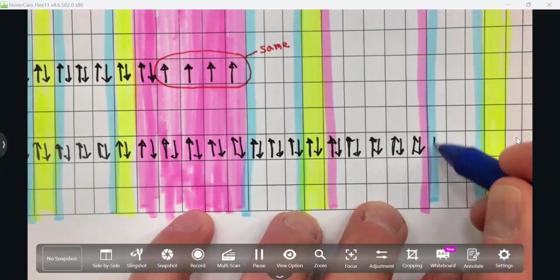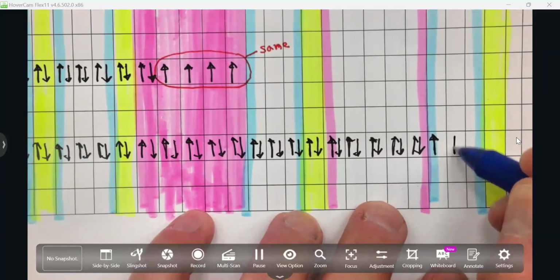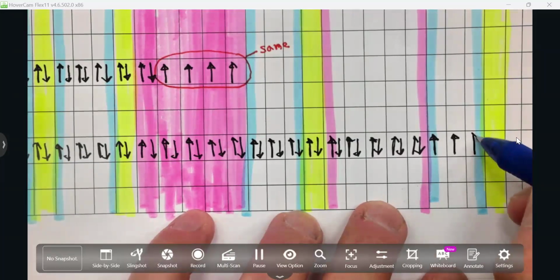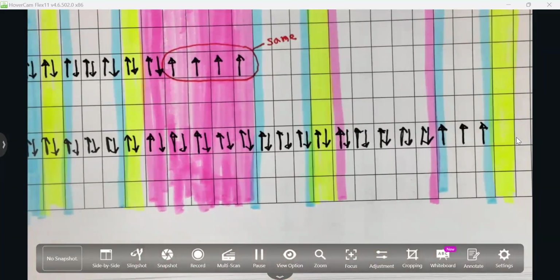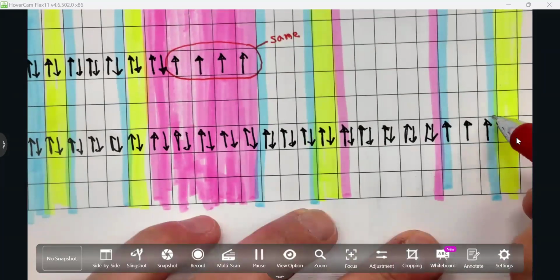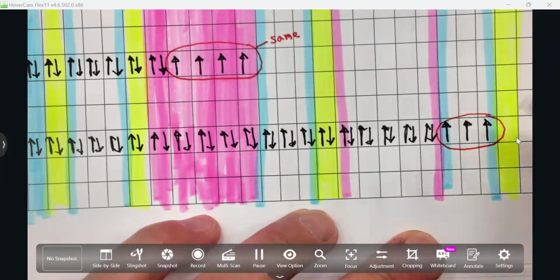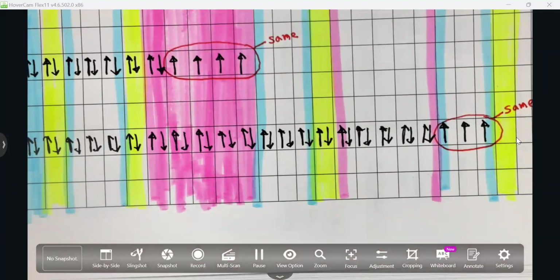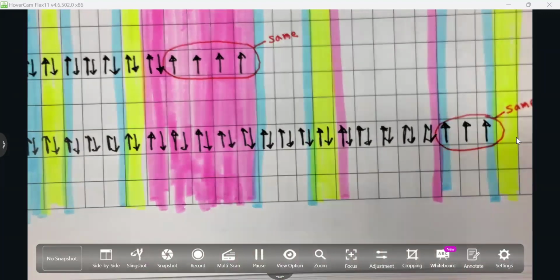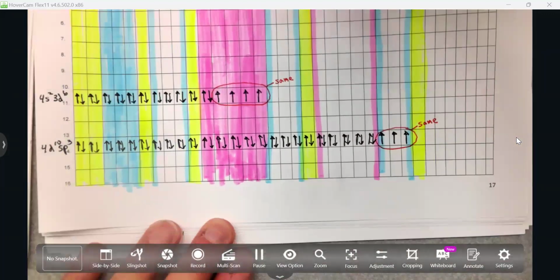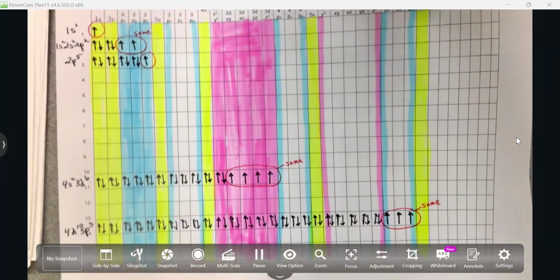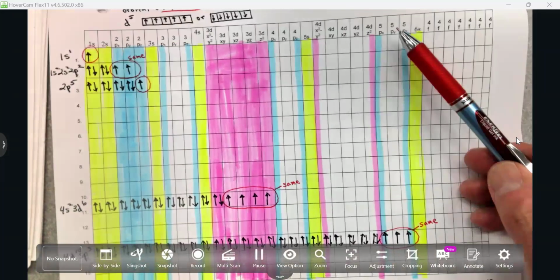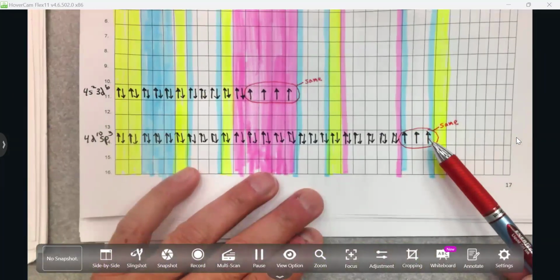We would have 5p3. We know those have to be the same. That's my 5p column. It ends in 5p3.